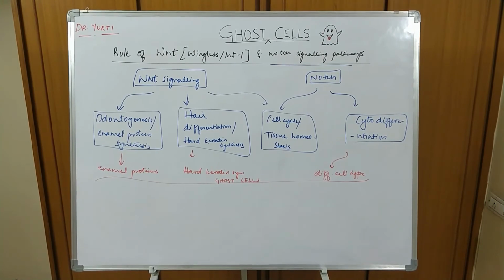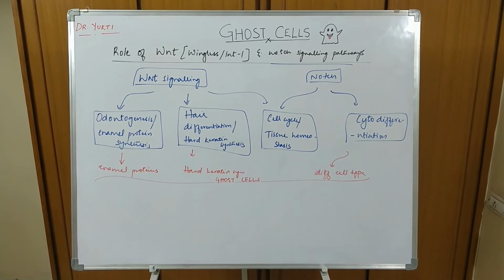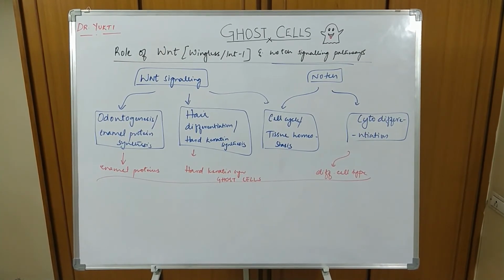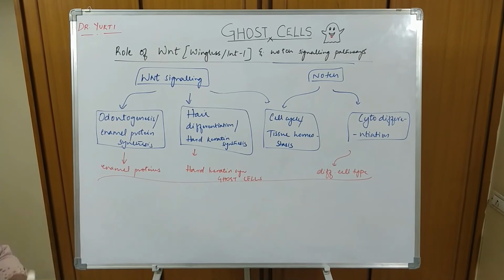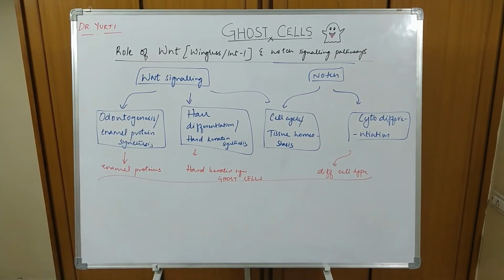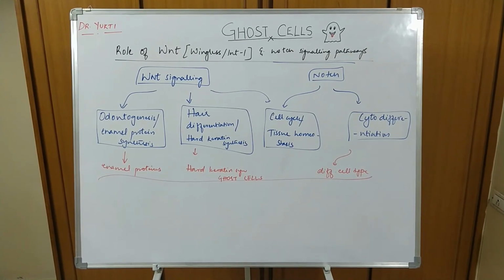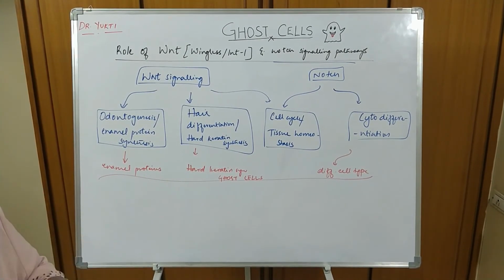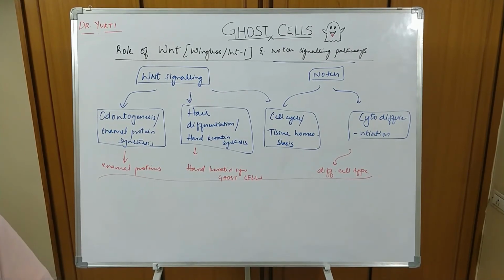Moreover, in pilomatricomas, it has been found that the apoptotic nature of ghost cells has led to the banal behavior of these tumors. What they are interpreting is that the tumor cells are undergoing apoptosis, and that is seen as ghost cells.